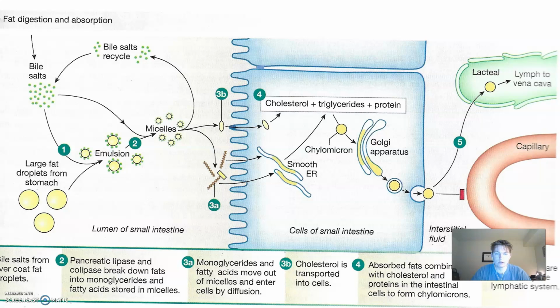So that is the main presentation. Also, really small fats that diffuse into the enterocyte can be diffused into the capillary and go into the bloodstream directly.